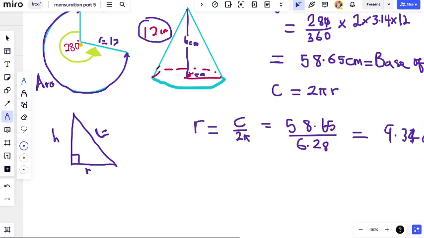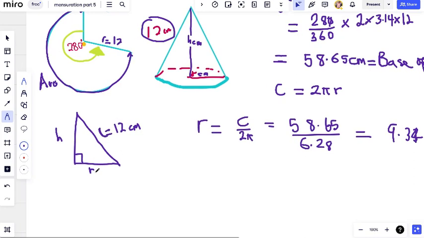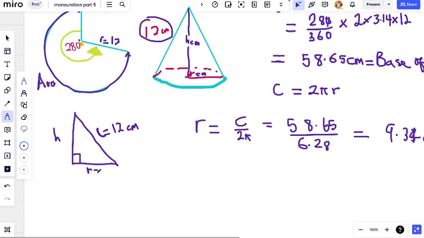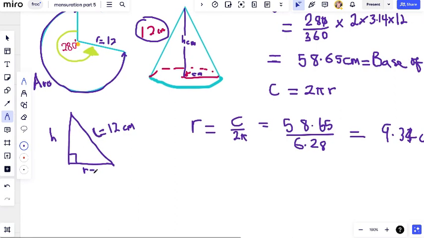This one, either this way or this way, is 12. So here is 12 centimeter. And here, we already found our radius to be what? 9.34, right? The radius we got just now is 9.34 or 9.33.